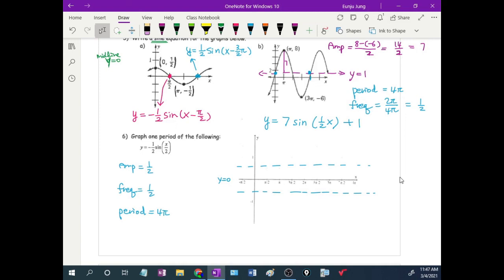So let's see. At 0, we start from the sine function position here. At 4 pi, it's coming back. So this is 1 pi, 2 pi, 3 pi, 4 pi here, coming back. Between, it passes through the midline. We want to go up and down, but this is a reflection, right?